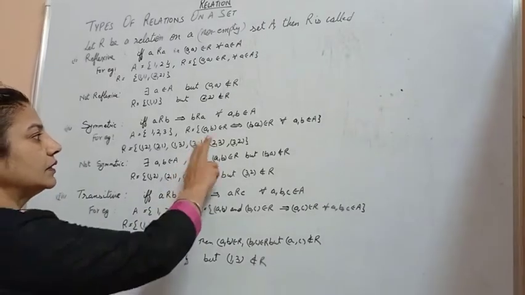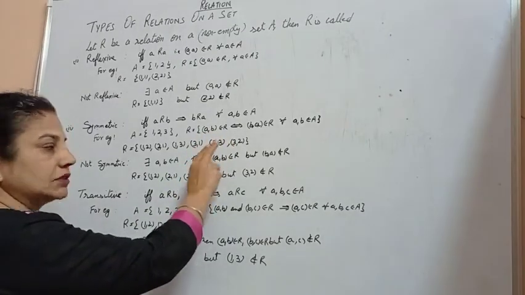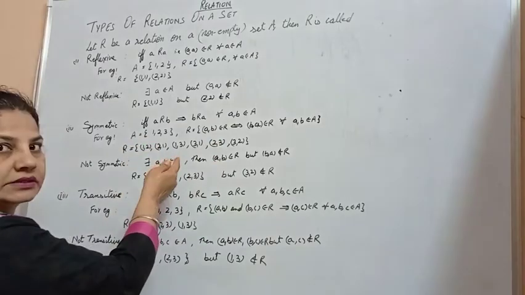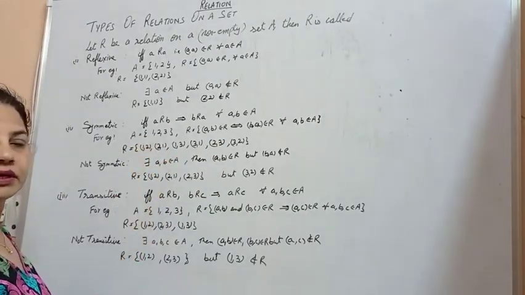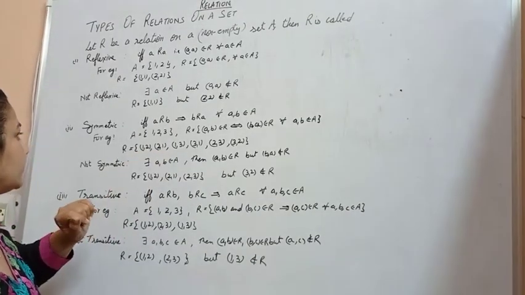So they have the opposite relation. (2, 3) is there, then (3, 2) is there. (1, 2) is there, (2, 1) is there. Their inverse position is also present in the relation.